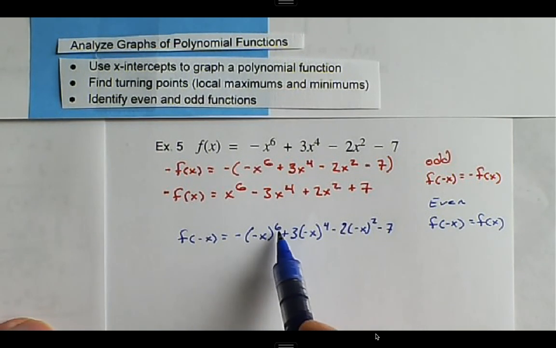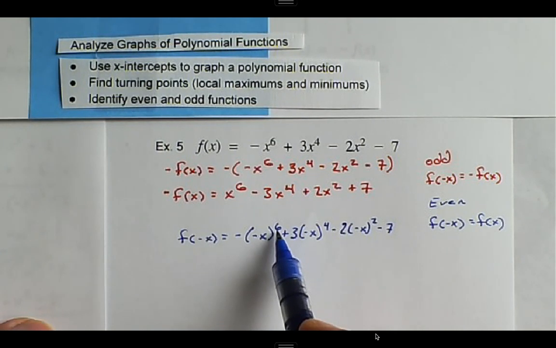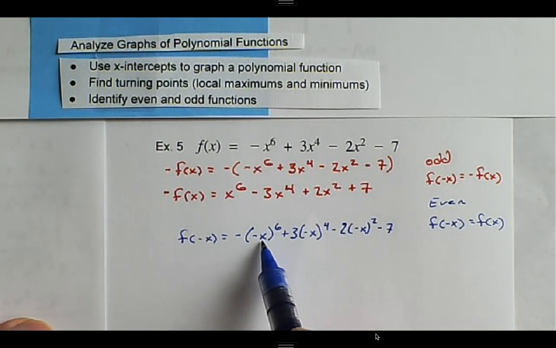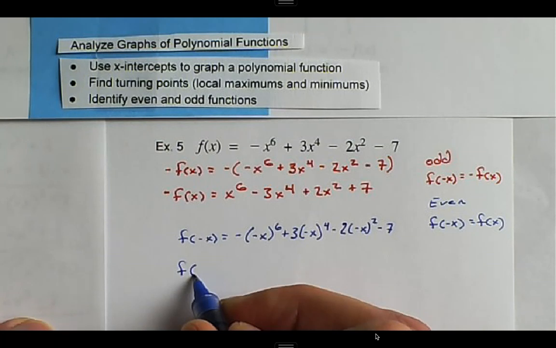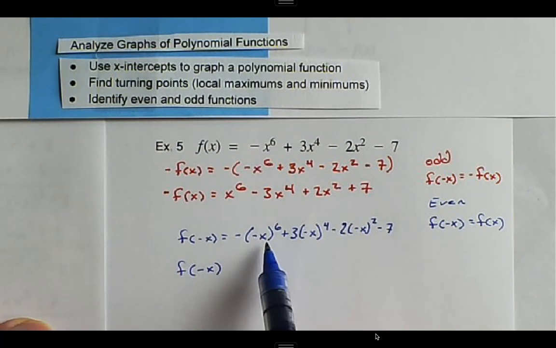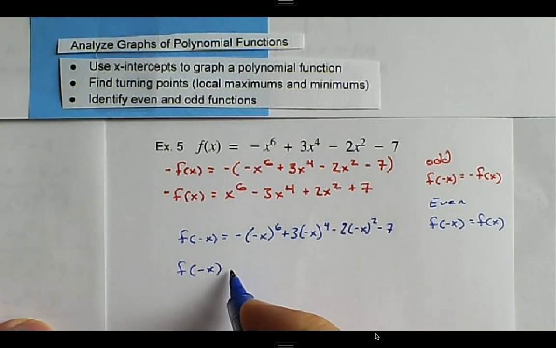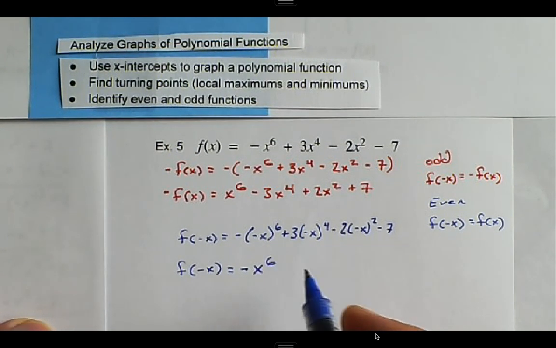Because it's an even degree, we know that negative x to the 6th doesn't really affect it, and so the negative inside disappears, and we're just left with the negative out front. So that becomes negative x to the 6th.